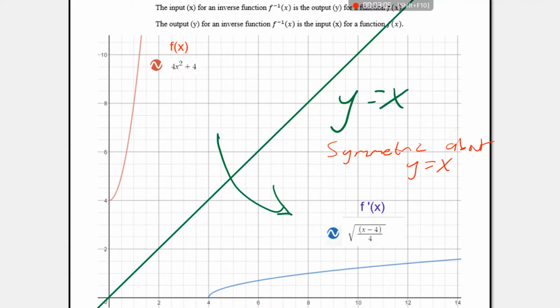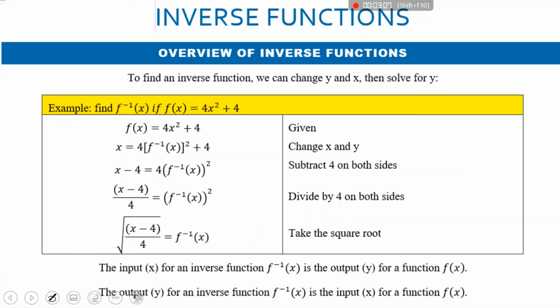Can we do an example? Right. So for our example here, if I want to find the inverse function of 4x squared plus 4, I'm going to change my x and y values.